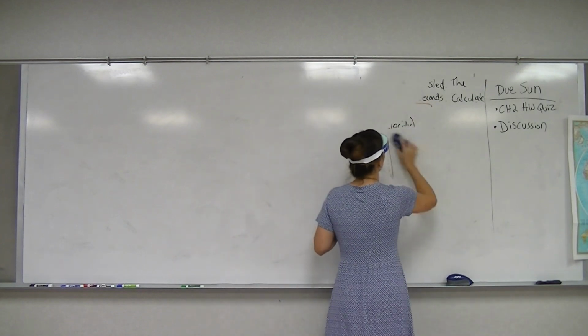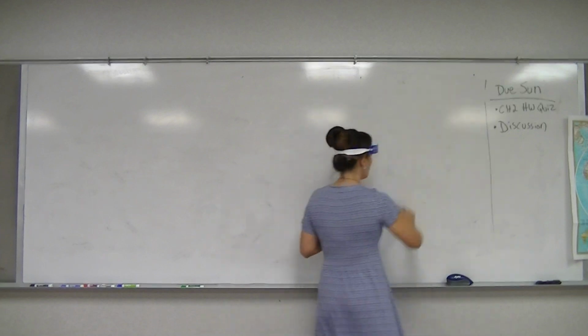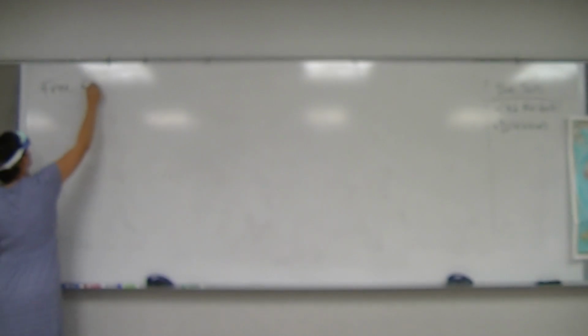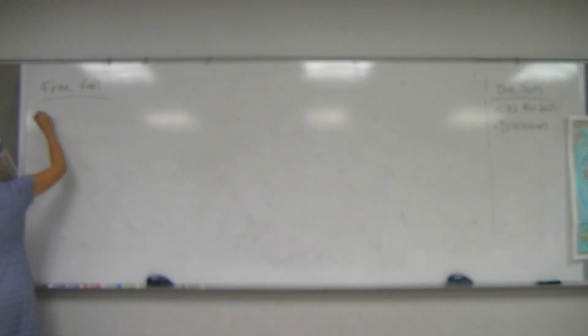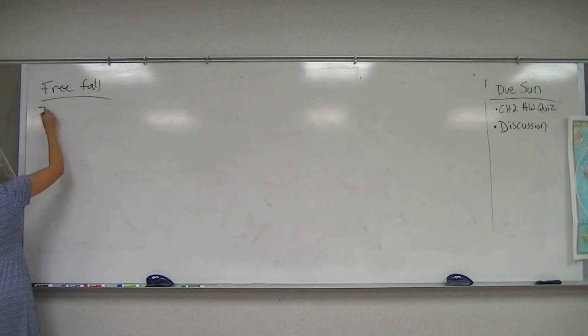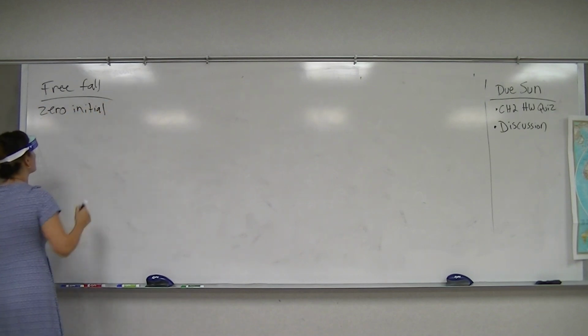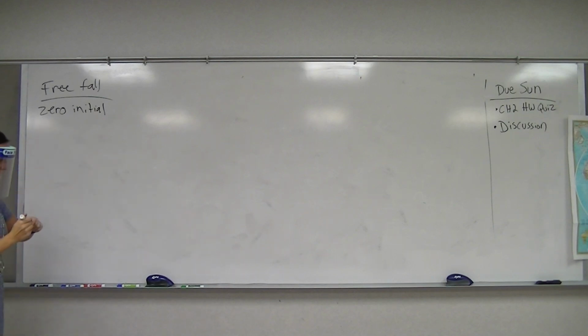Now free fall problems, we're going to use the non-zero initial velocity equations. Not the non-zero, sorry, the zero initial velocity. So zero initial velocity meaning if something falls, if my calculator were to fall off this table, well, it's a free fall problem because it's falling, but my calculator's initially at rest.